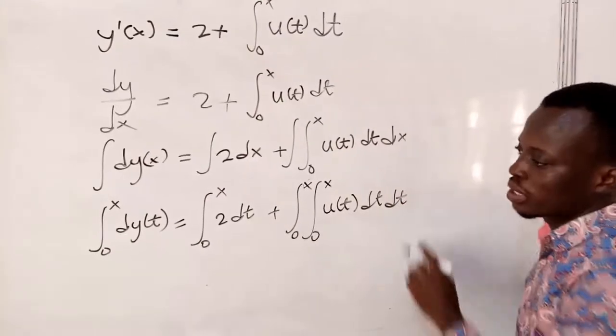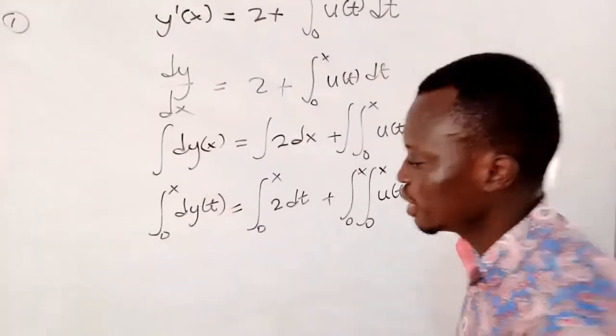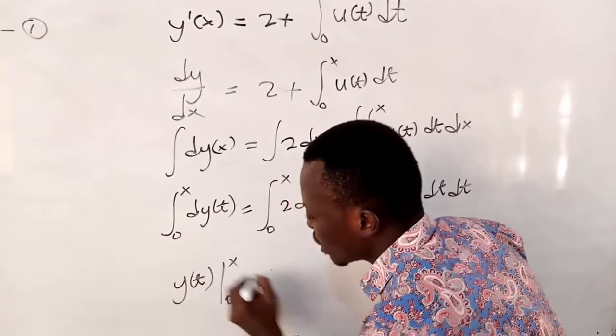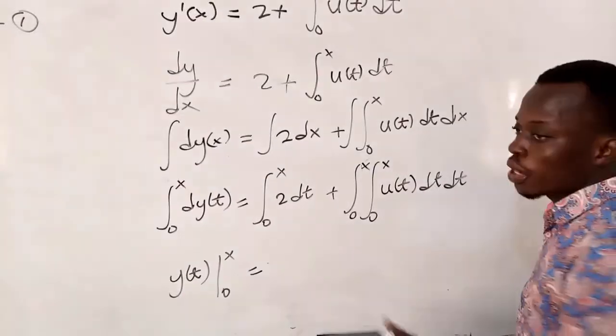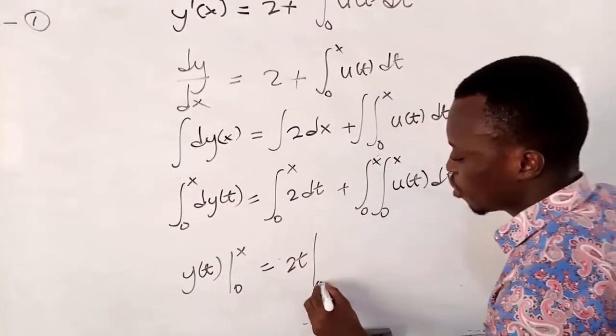This s is changed to a t. Now, if we integrate this side, we're going to get y of t evaluated from 0 to s, which is equal to, if we integrate 2, we're going to get 2t evaluated from 0 to s.